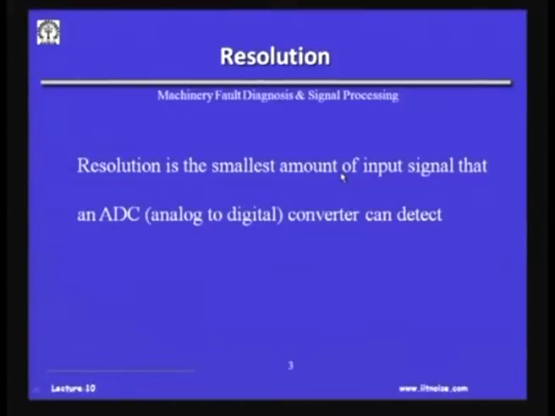Fine. So, with these two important aspects of A to D converter, in fact these are the two most important features or properties of an A to D converter: one is the sampling frequency, another is the resolution. Because wrong sampling frequency leads to signal aliasing, and inadequate resolution leads to quantization error, the error in quantifying the real data.